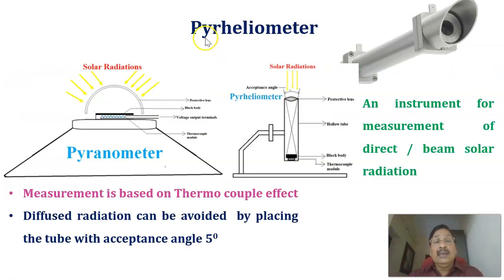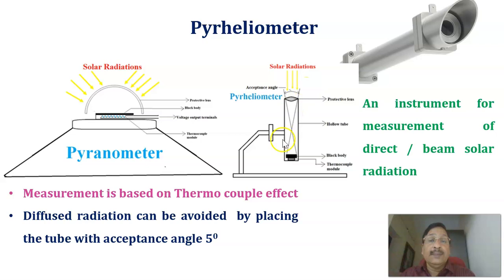Now let us see what a pyrheliometer is. Pyrheliometer measures the direct radiation, also called beam radiation. It is an instrument used for measurement of direct or beam solar radiation.